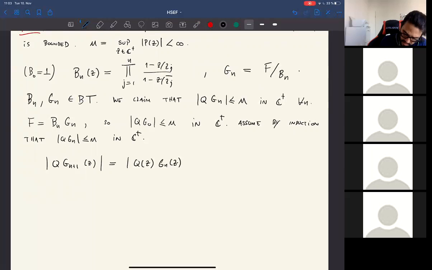And then in here, I have the correction factor, which will be inverted by the way we defined G. And I know that this is less or equal than M times 1 minus Z over Zn bar, divided by 1 minus Z over Zn.